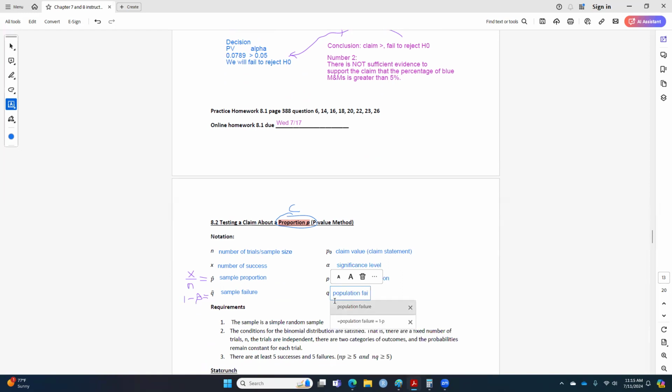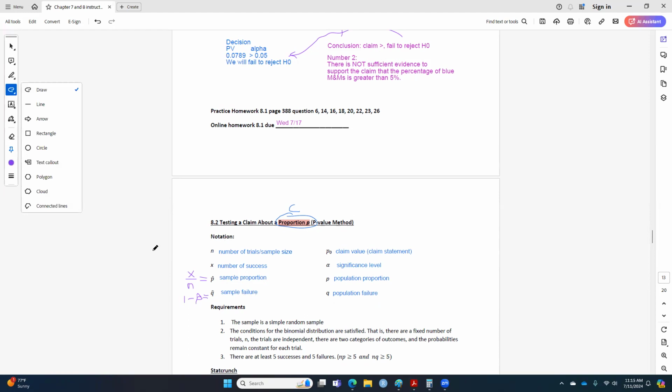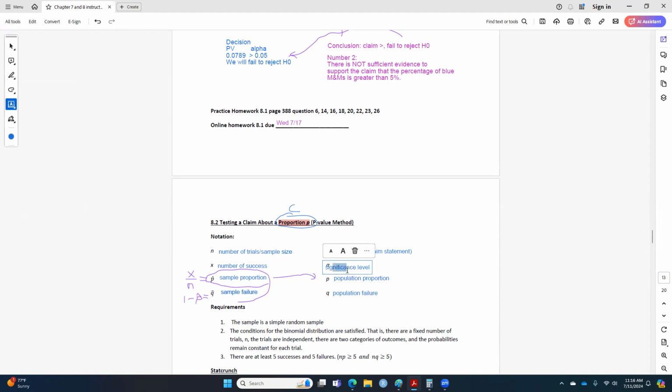If you notice, there are two types of proportion here: one is from the sample, one is from the population. And again, what we do in inferential statistics is always take the sample and predict the population. This is what we do in the whole world of statistics. This is how we make inferences or predictions.